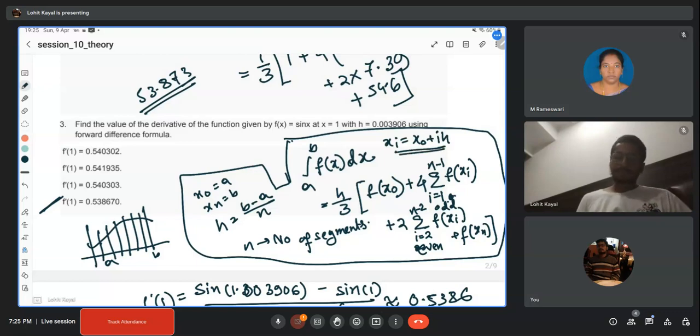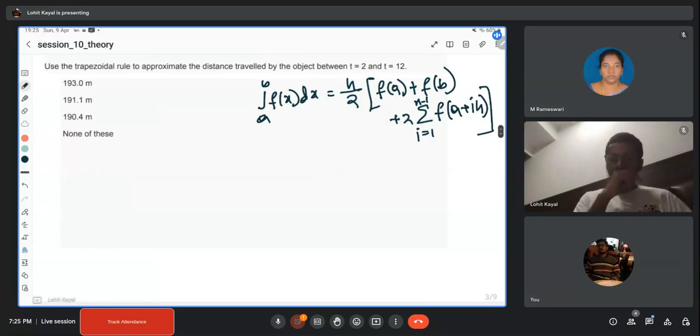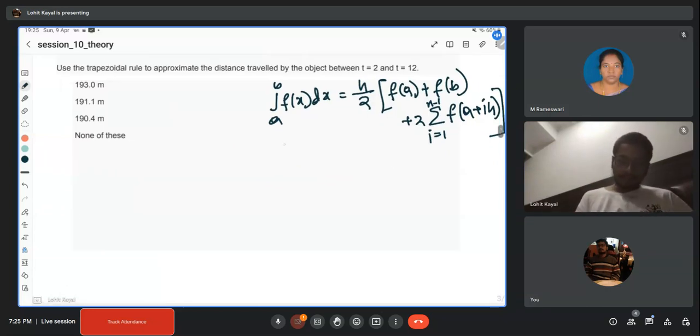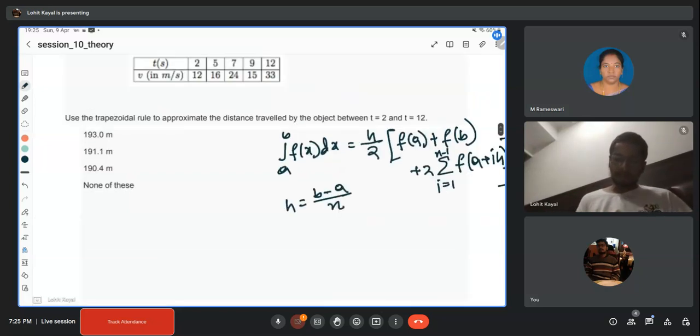This is the same xi, this is a plus i of h. So this is the formula. Now here h is equal to (b minus a) over n, where n is the number of segments, like Simpson's rule. Now the problem is that for this formula, h should be constant.